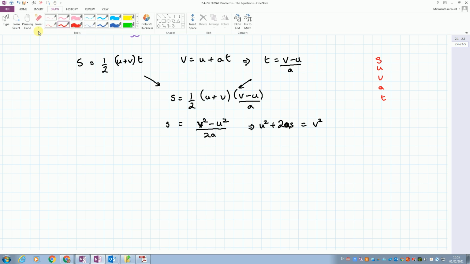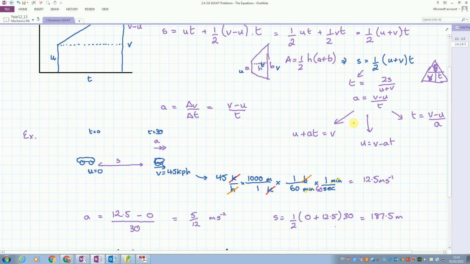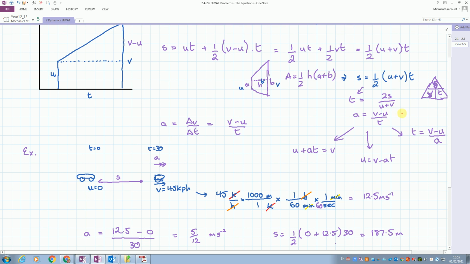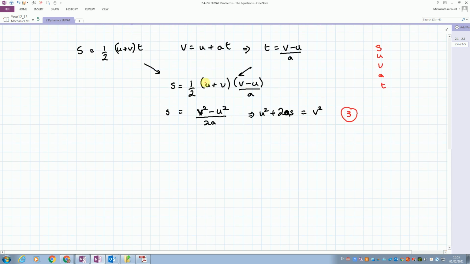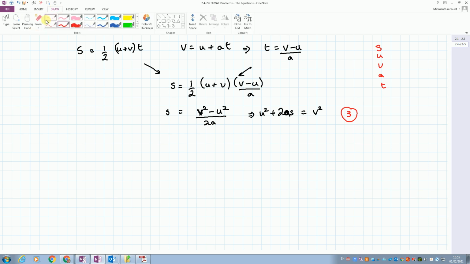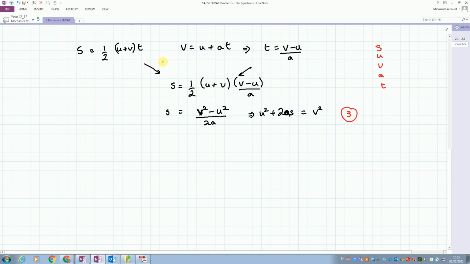So this is equation 1, equation 2, equation 3, and equation 4 is if we've replaced this v with that expression. So take those two.